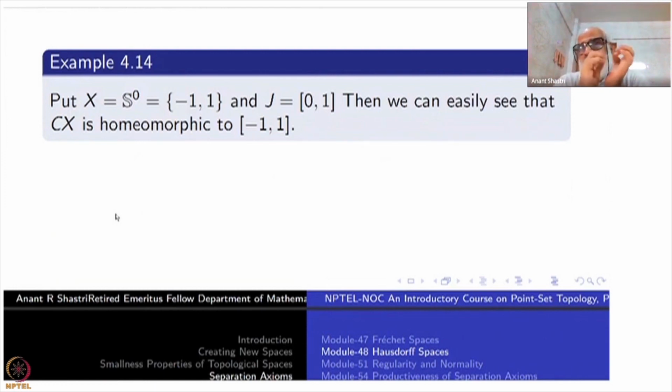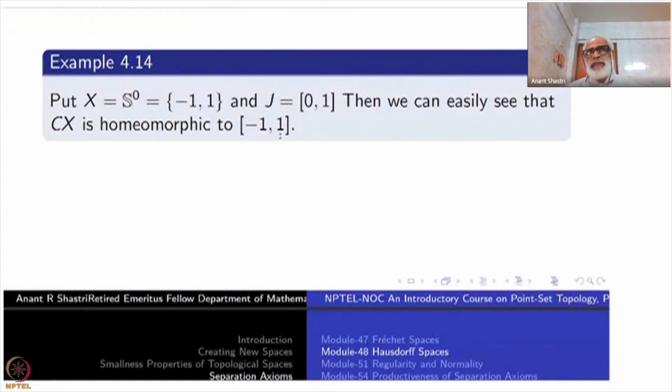But when you identify, what is the identification? I have to take A to be 0 here, right? So all the points minus 1, plus 1 cross 0 will be identified. Nothing else. That means what? The bottom points of both these arcs [0,1] come together. You hold them vertically.